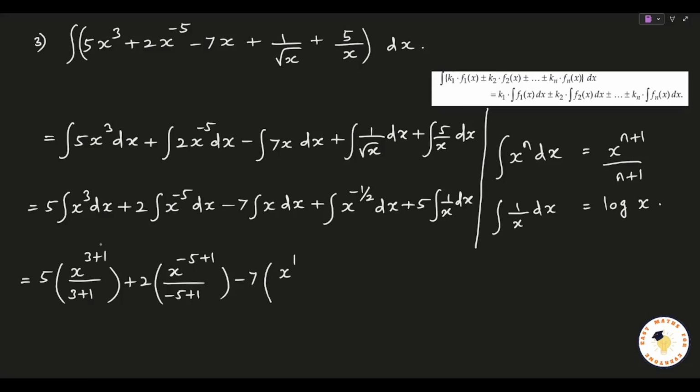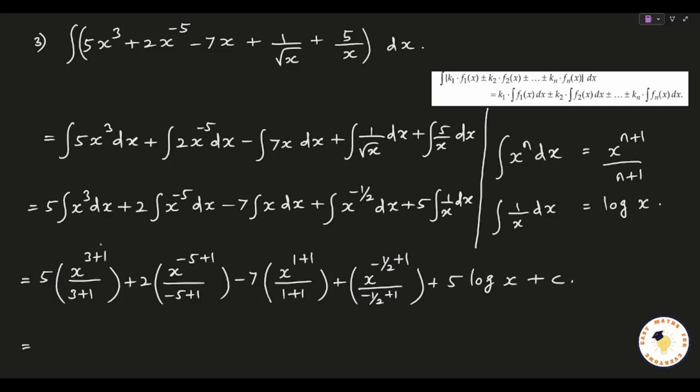So x power 1 plus 1 by 1 plus 1 plus x power minus 1 by 2 plus 1 by minus 1 by 2 plus 1 plus 5 into log x plus c.